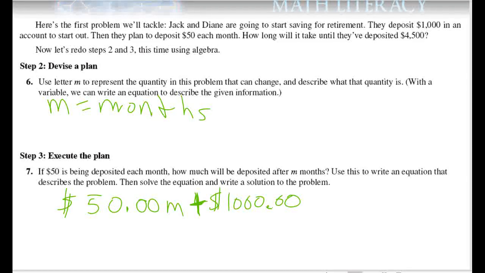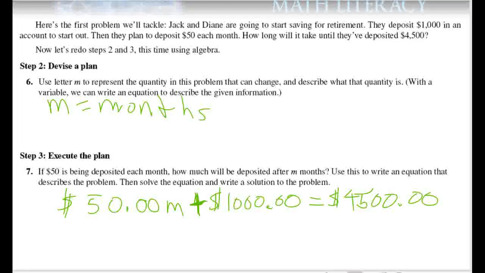But they asked us to write an equation that describes the problem. So in the problem, we want to see how many months it takes to get 4,500. So I want that to be equal to 4,500. And you'll notice we now have an equation that we can solve.